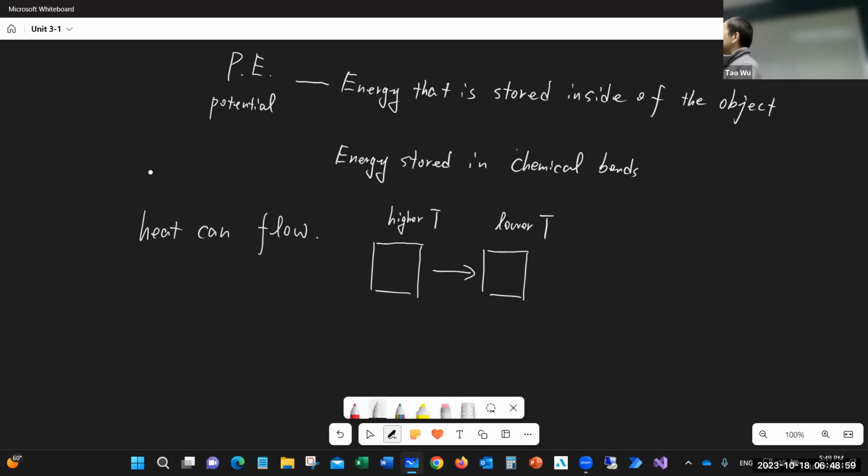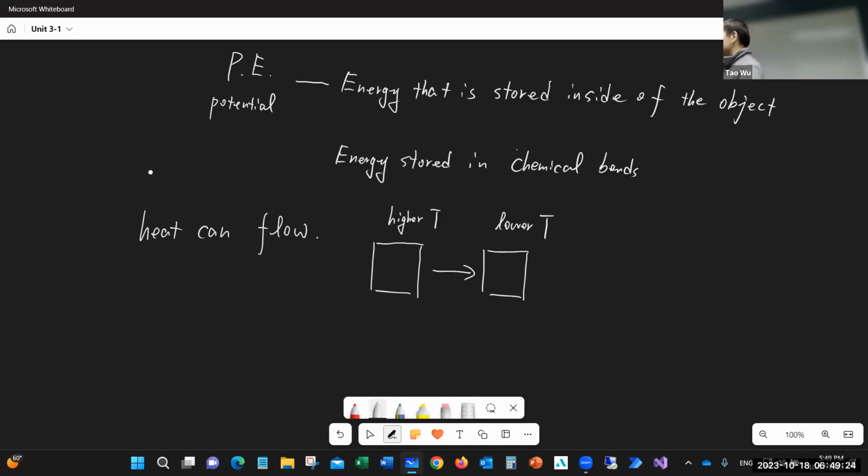But the point is our body temperature constantly stays at a certain temperature. Why? How come? Our body mechanism keeps a certain temperature, but we're constantly losing heat to the surroundings. Then what happens?